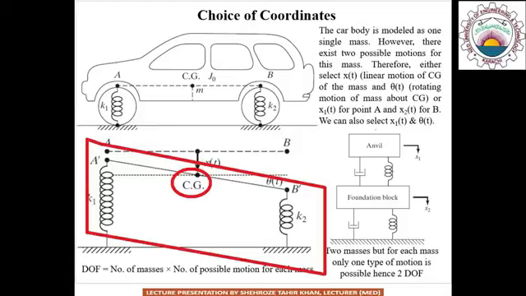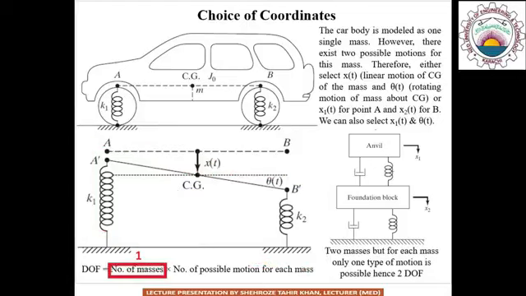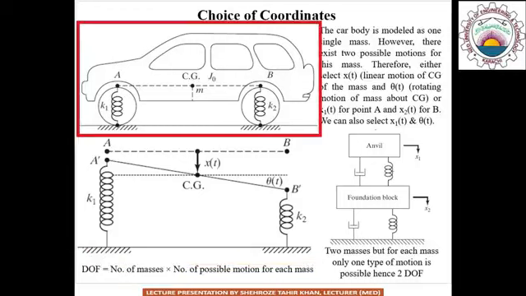Therefore, for the number of masses we have 1, and for the number of possible motions we have 2, and degrees of freedom is equal to 1 multiplied by 2, equal to 2. Therefore, it is also a 2 degree of freedom system.